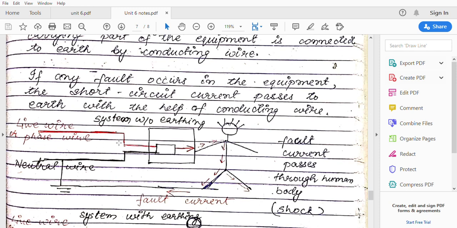This is an unearthed system. We haven't provided earthing, so we are getting a single phase supply. So this is the live wire, phase wire, or the line wire, and this is the neutral wire, and this is not earthed. Okay, so what will happen is there will be leakage current, and you're touching that iron part, from that non-conducting part, but there is some heavy leakage current.